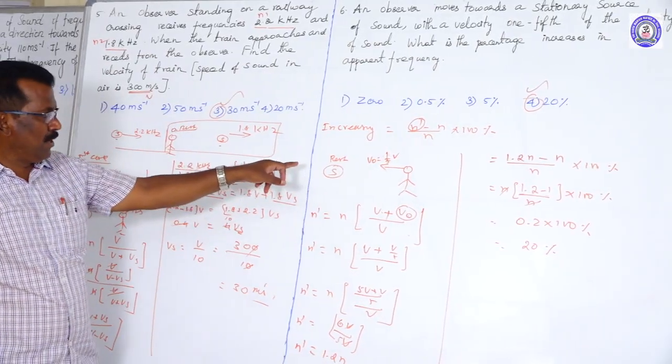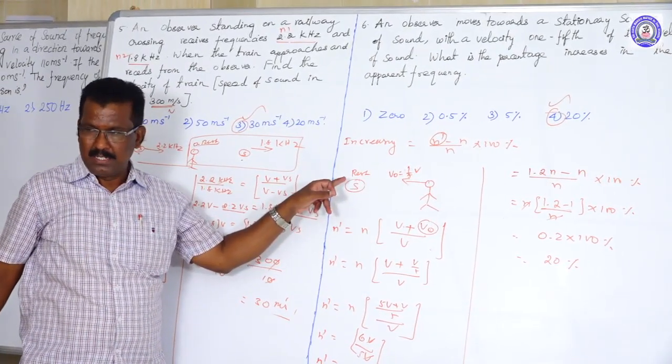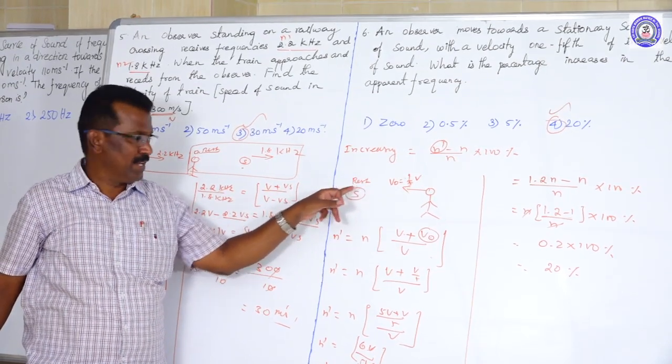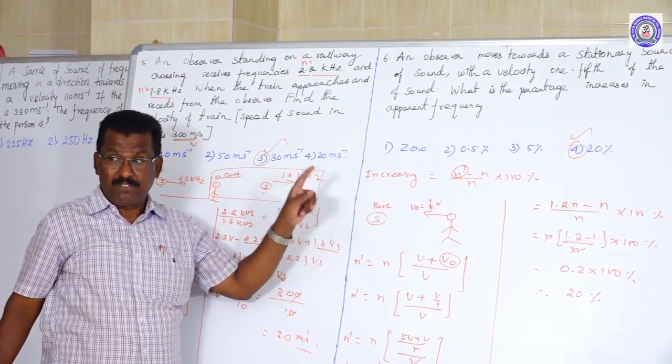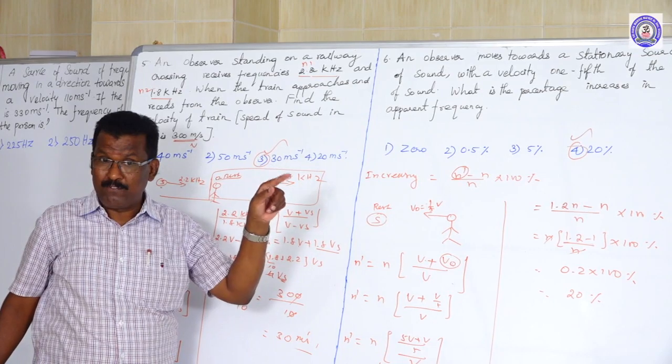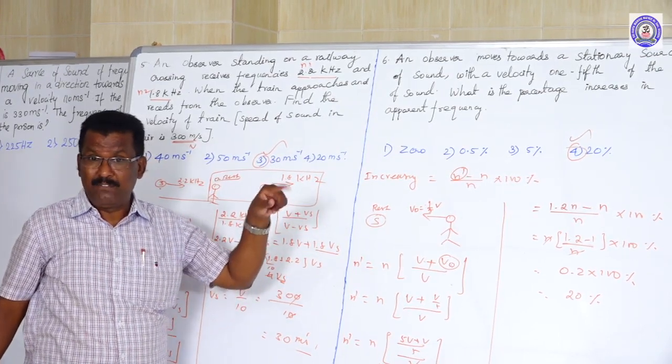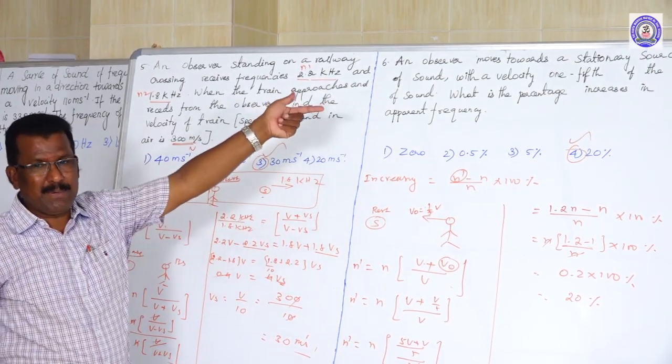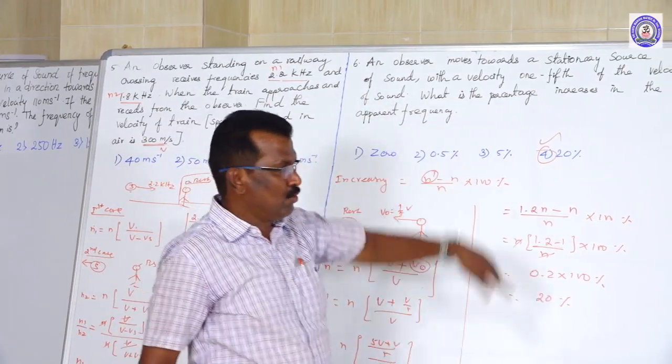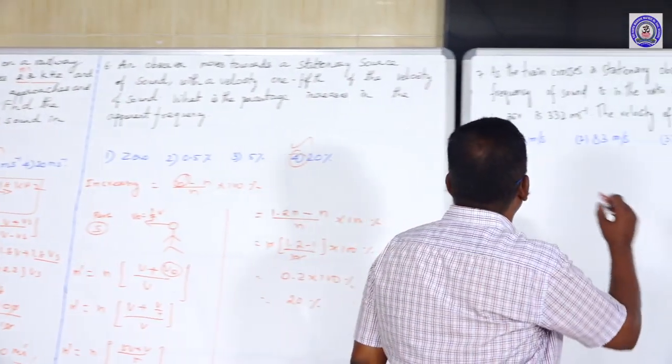When the observer approaches the source at 1/5 of the velocity of sound, the frequency increases by 20%. Okay, let's move to the next one.